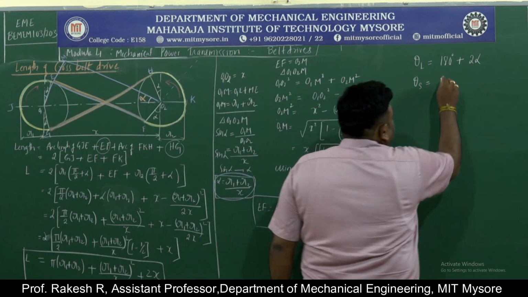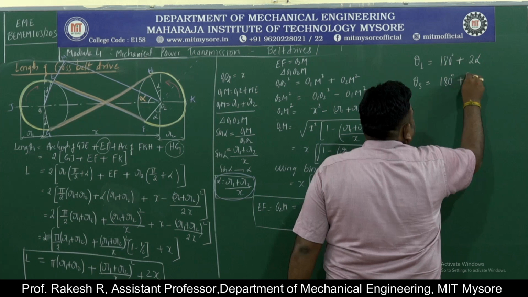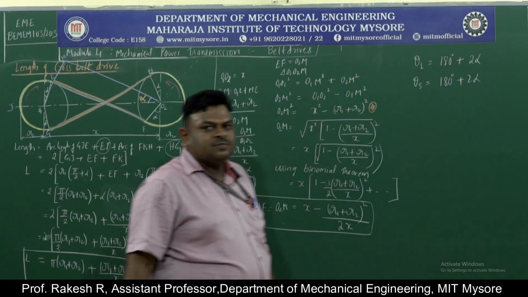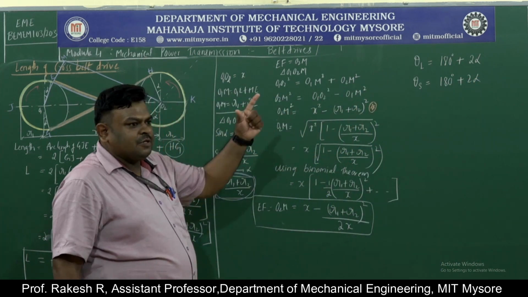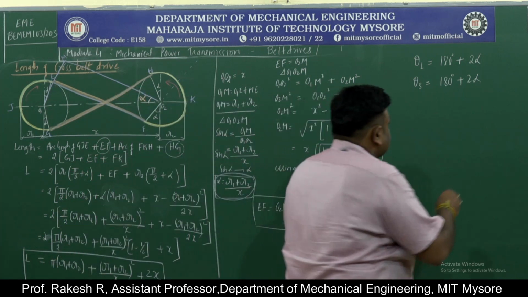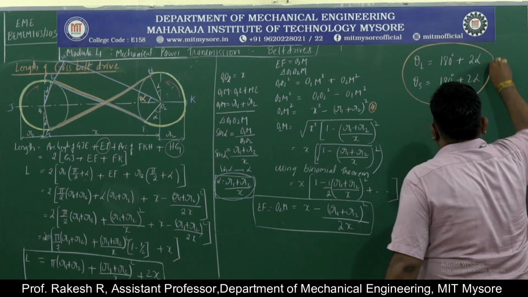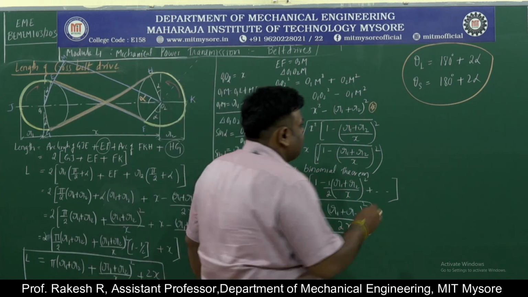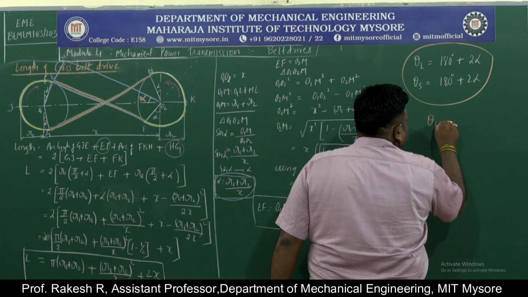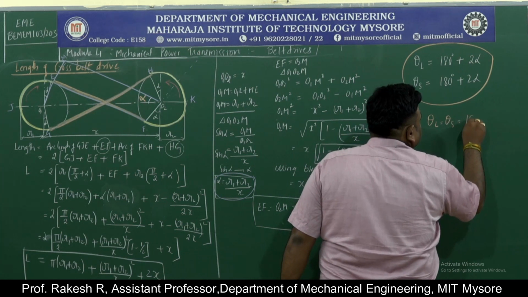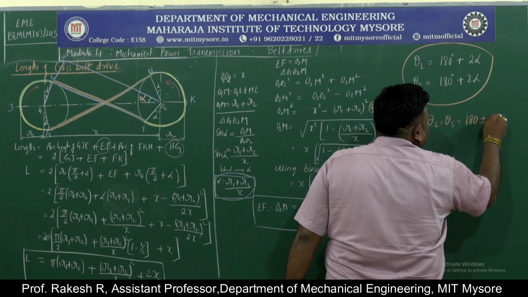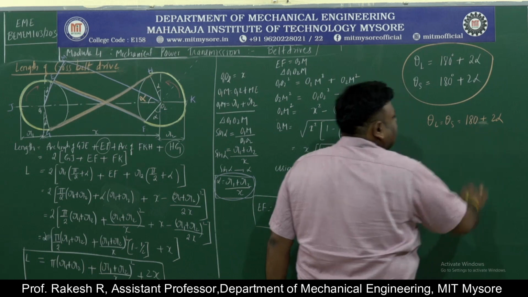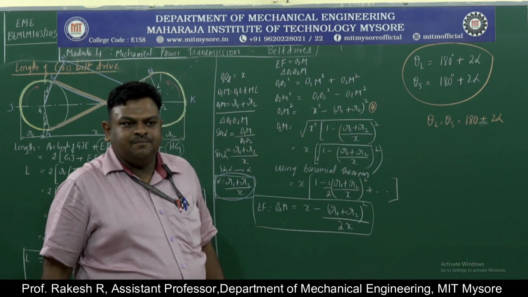Smaller pulley, 180 degree plus 2 alpha. So this is one of the differences in case of cross belt drive. Theta of large is equal to theta of small, 180 plus 2 alpha.